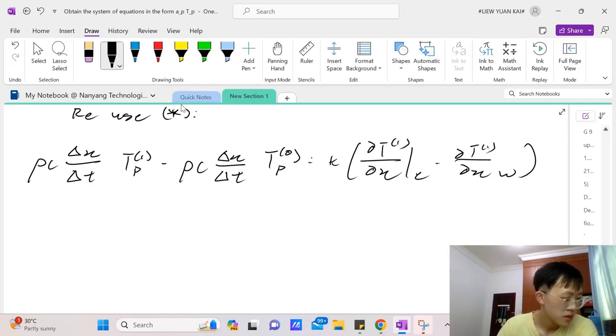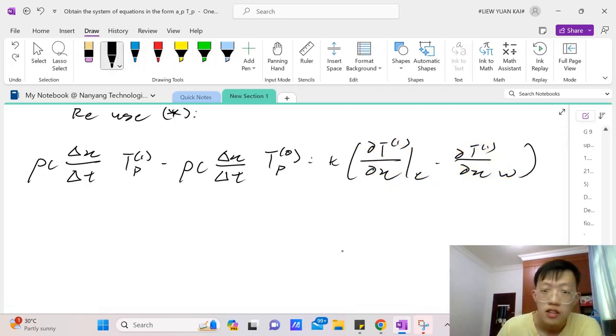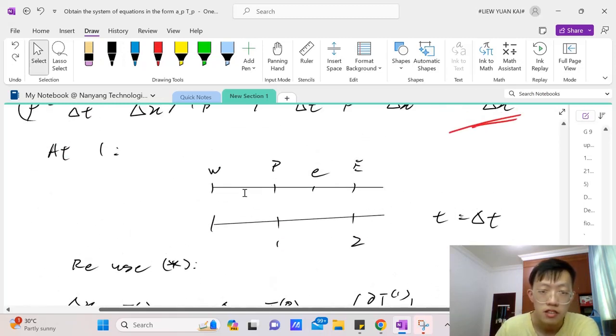So we need to find again this term and this term, an approximation for these two terms. So how are we going to deal with that? Let's have a look at the derivative at e.